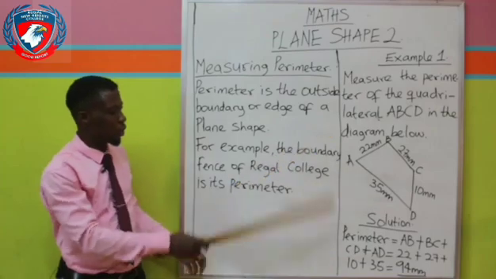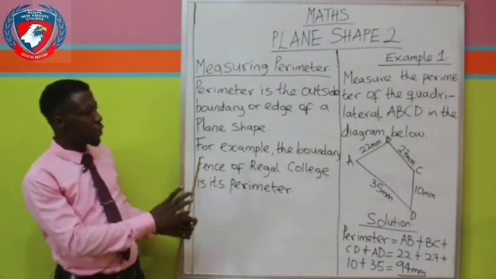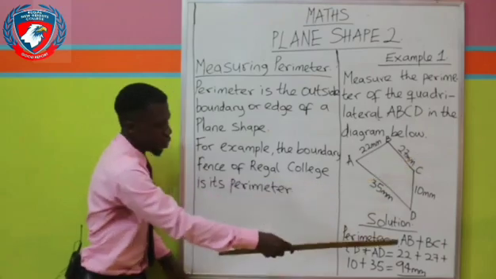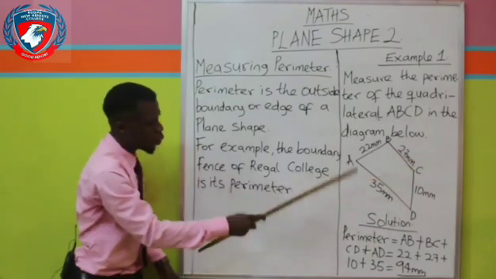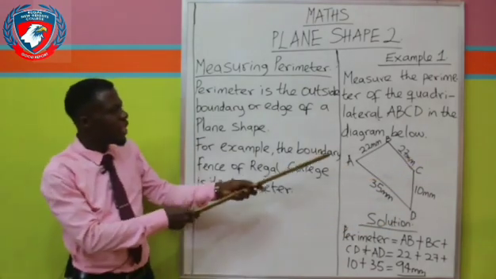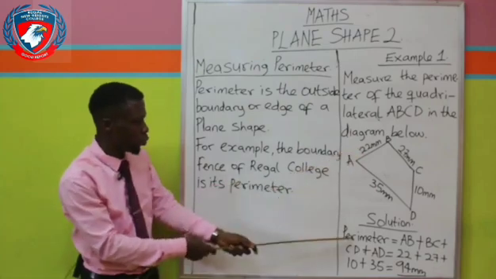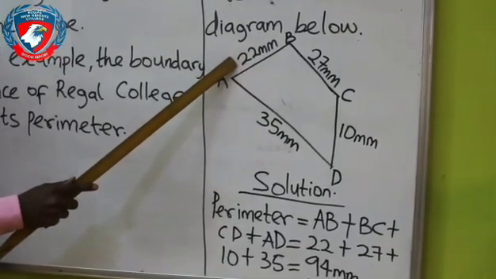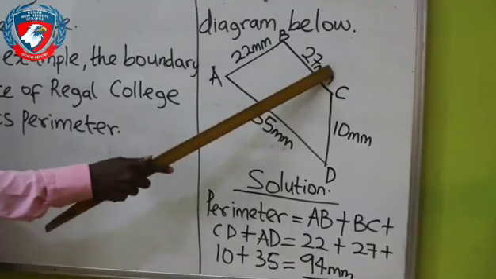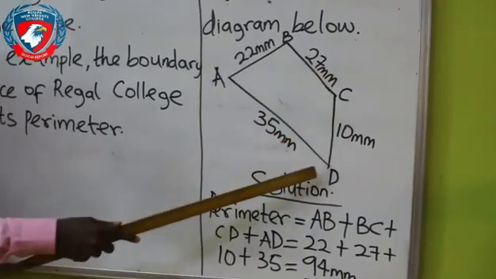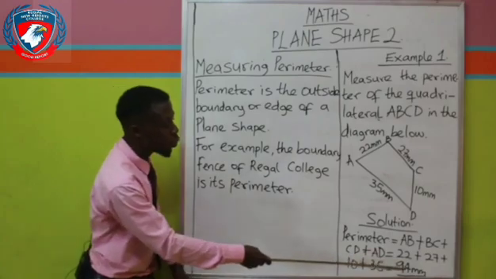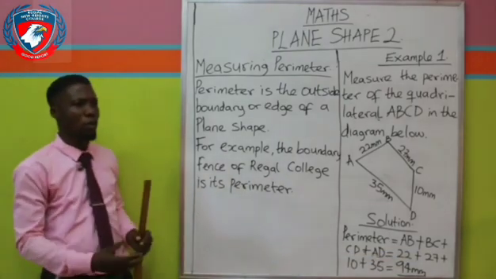To calculate the perimeter of this shape, I will say AB plus BC plus CD plus AD. The length of AD is 22, the length of BC is 27, the length of CD is 10, while the length of AB is 35. If I add all the lengths together, it is 94 centimeters.